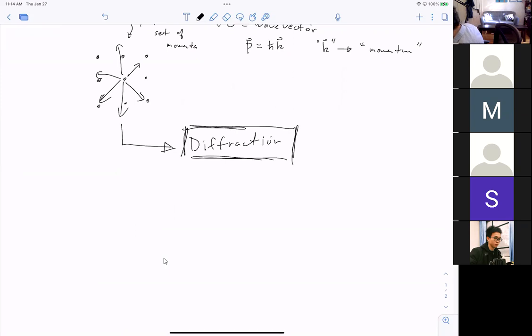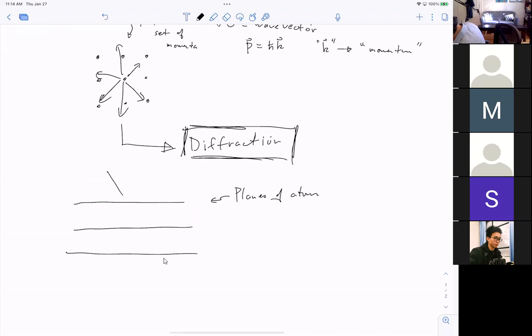You already know something about diffraction. If I have planes of atoms, you know from other classes that if I have two beams of light, and I did this last time, but I'll remind you, a beam of light there and another beam of light coming in like that, beam 1 and beam 2 bouncing off these two planes of atoms, and the atoms are a distance d apart, then you can do this little trick that you have all seen a million times.